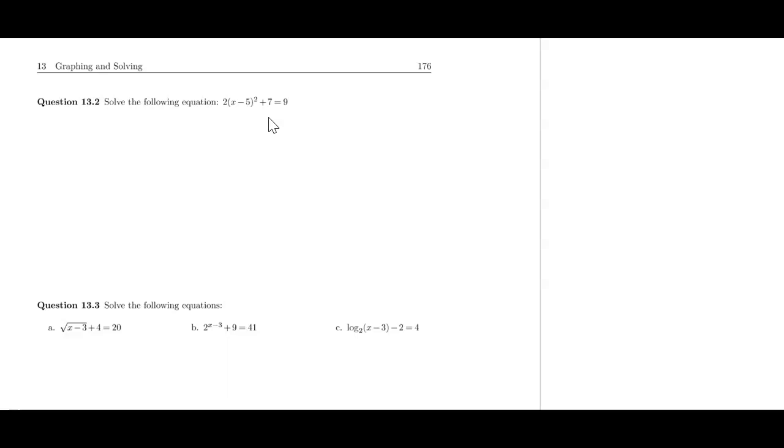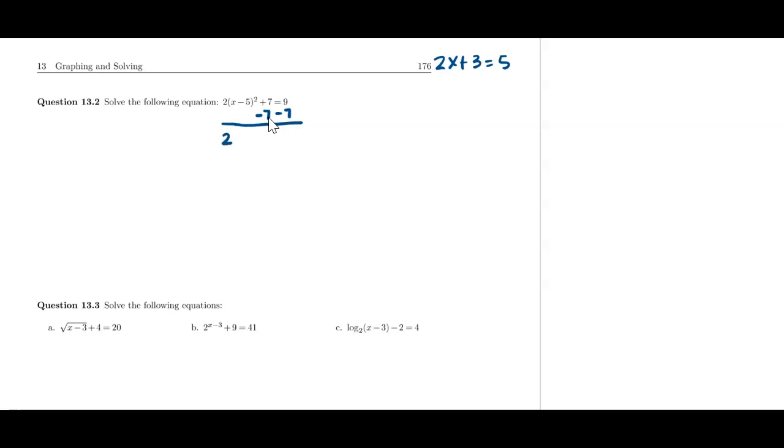Just like if I had 2x plus 3 equals 5, you would subtract 3 over, and then divide by 2. Same thing happens here. You're going to subtract the 7 over, and then divide by 2. So don't let all of the other stuff in there freak you out. Just ask, what am I trying to do? How do I get this by itself? All right, so let's start by subtracting 7 over.